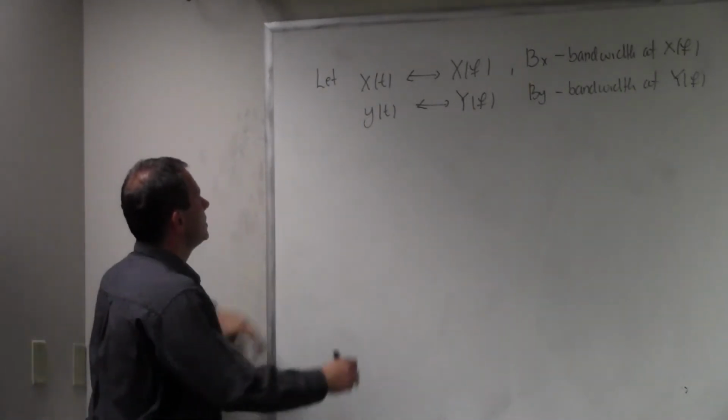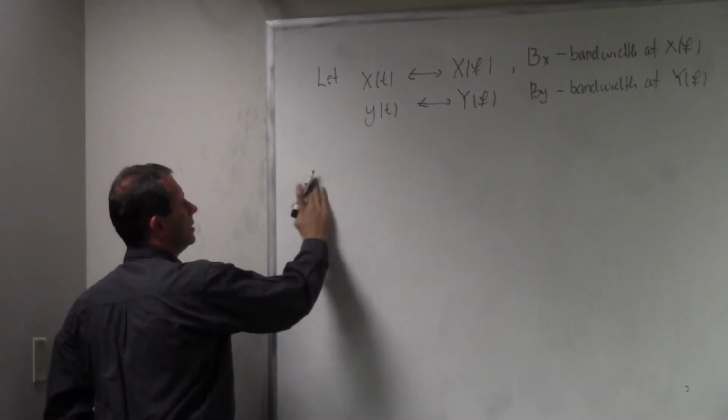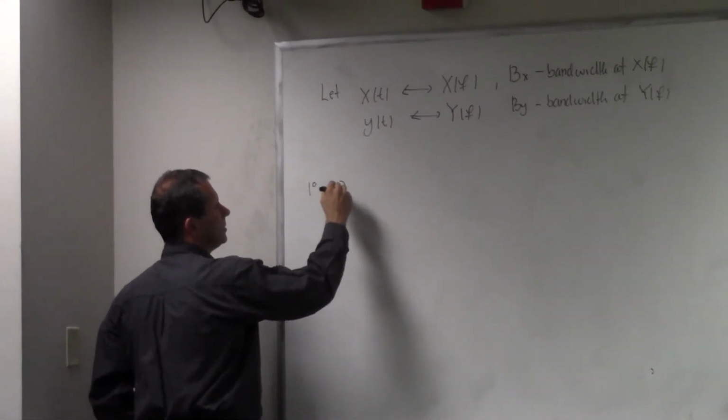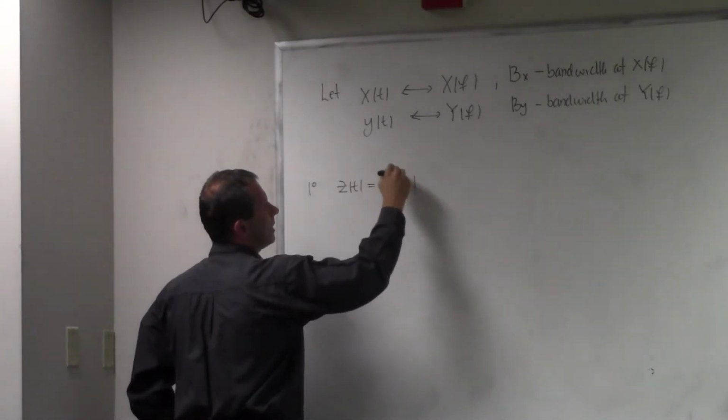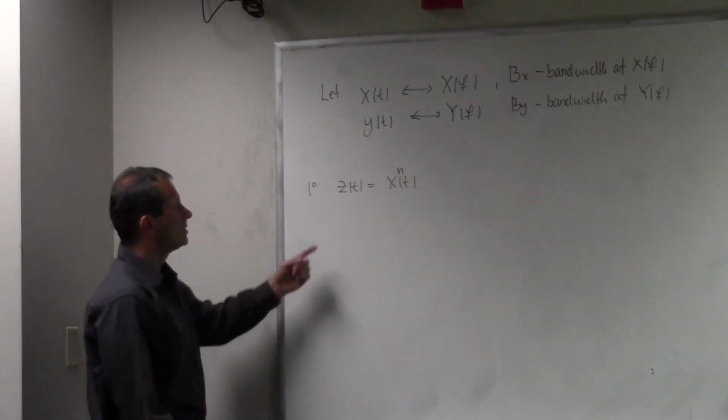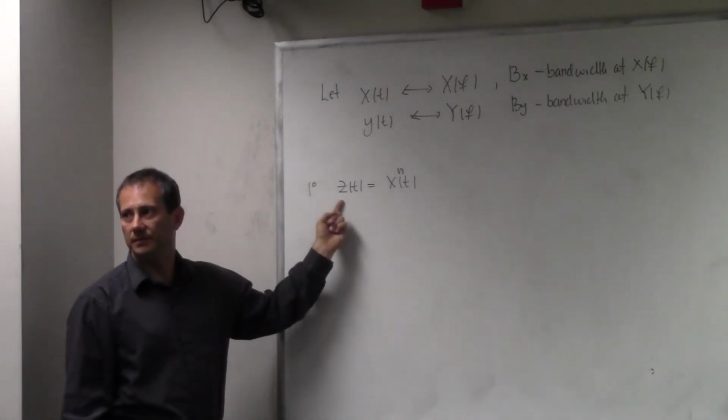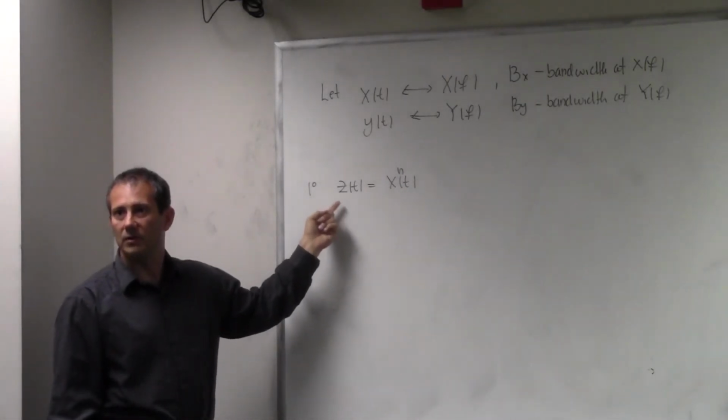So if I define a signal, let me do a couple of examples. z of t, which is equal to x of t to the power of n. What is the bandwidth of z? What's the bandwidth of this signal?